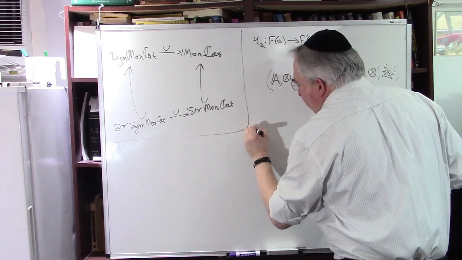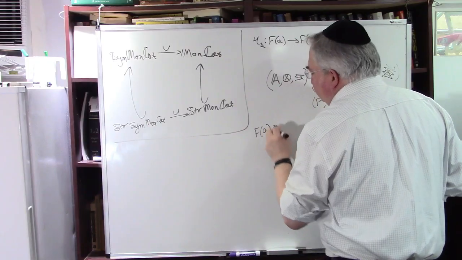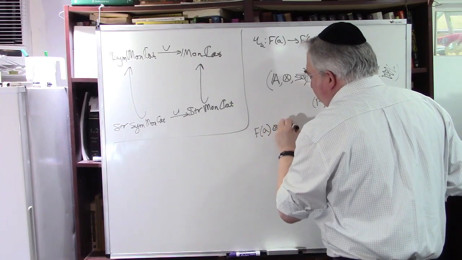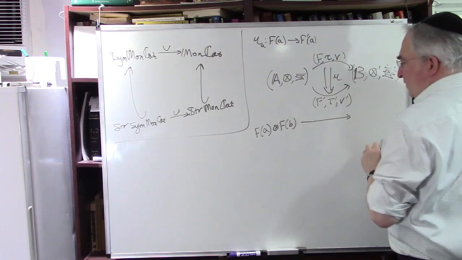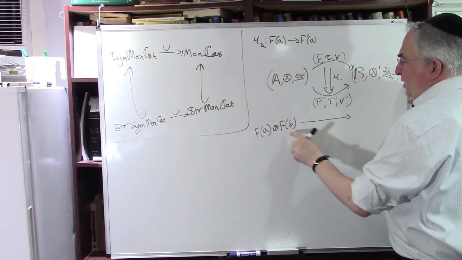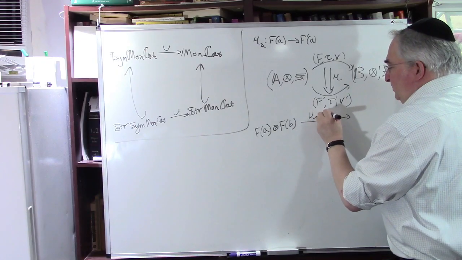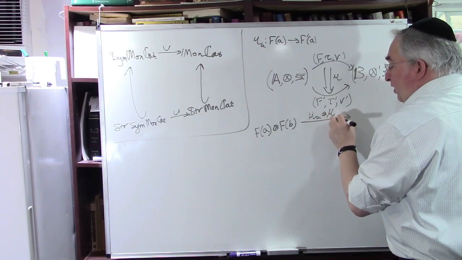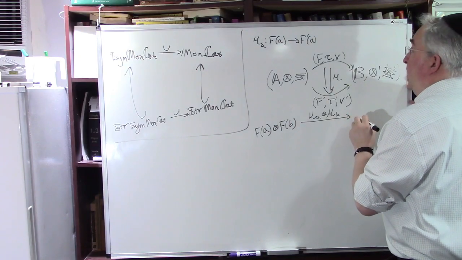Well, what we want is F of a tensor F of b. I'm not going to look at the book. Let's work it out by ourselves. So here we want mu of a tensor mu of b. And so this should be what?